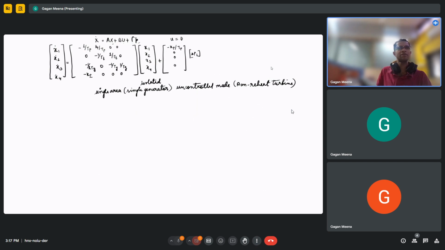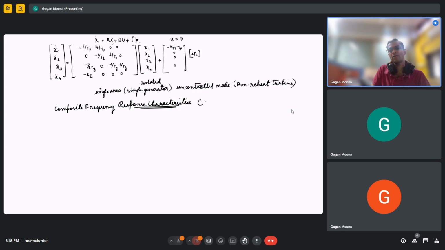Composite frequency response characteristics. So in this, what did we discuss?